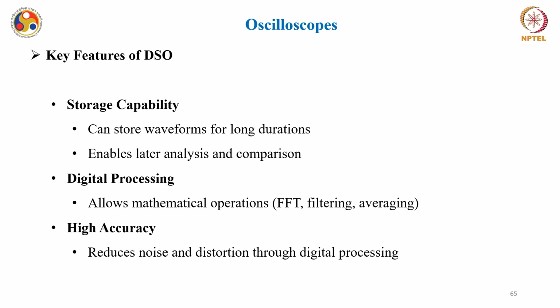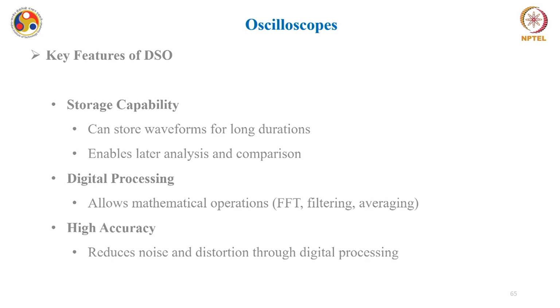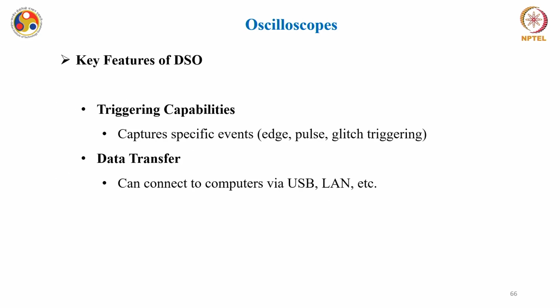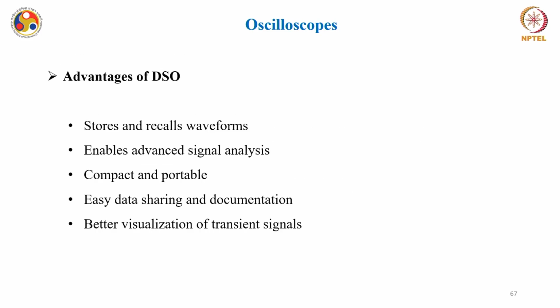All kinds of mathematical operations like FFT, filtering, averaging can be done at a later stage. You do not have to do them at the same time. DSOs have higher accuracy, so they reduce noise and distortion through digital processing. DSOs have triggering capabilities, so they capture specific events like edges, pulses and glitches. Data transfer is possible through different connectors like USB, LAN or other wireless networks.